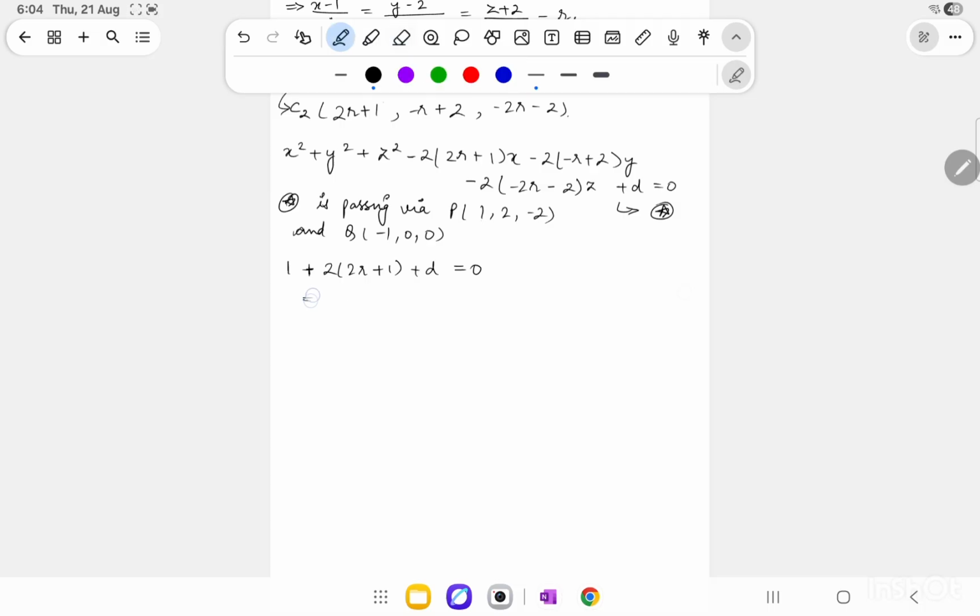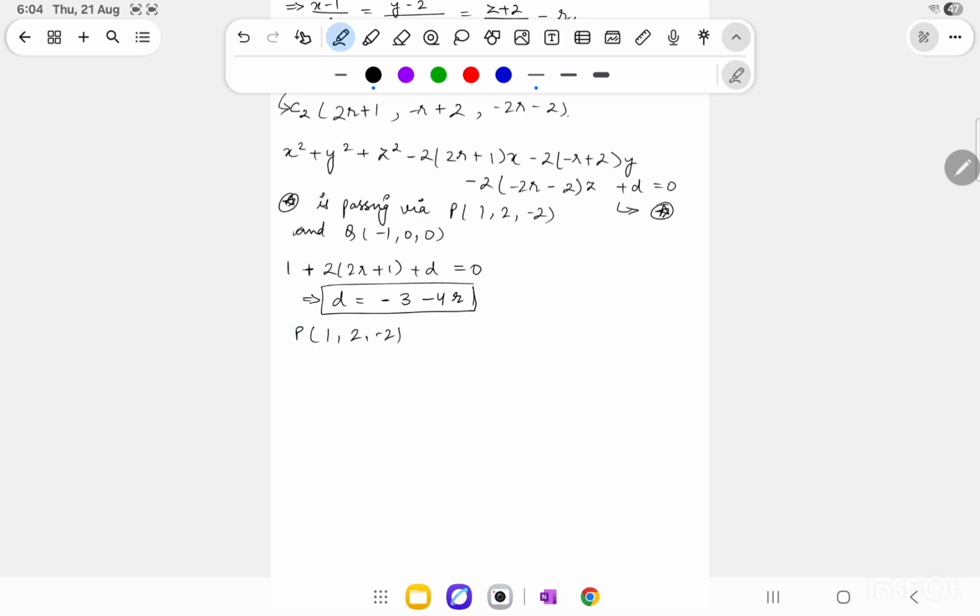So from here I got my d as -3 - 4r. This is my d, and it is also passing via P, which is 1, 2, -2.